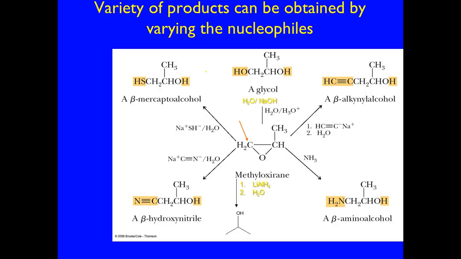So anytime you have a charged nucleophile, and nucleophiles can be of two types, neutral or charged, charged nucleophiles normally open from the less hindered side. Neutral nucleophiles, such as water, methanol, ethanol, have lone pairs of electrons, so they can act as nucleophilic centers on these atoms, and they open from the more hindered side.